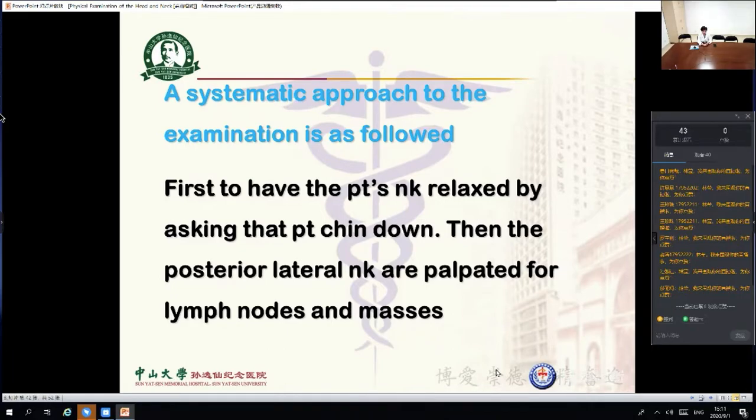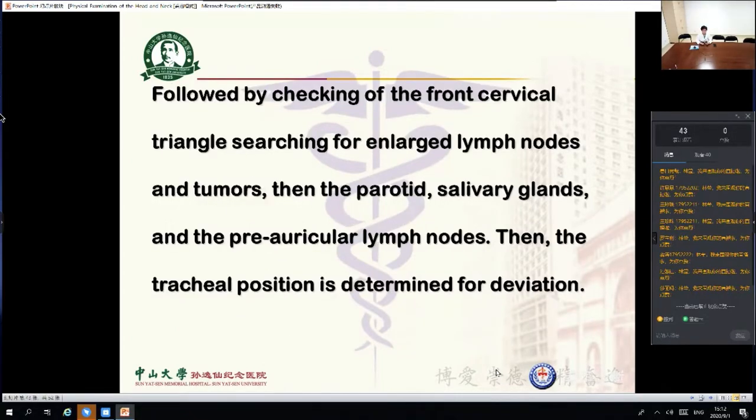Then the posterior lateral neck is palpated for lymph nodes and masses, 后外侧颈部. This is followed by checking the front cervical triangle, searching for any enlarged lymph nodes and tumors.